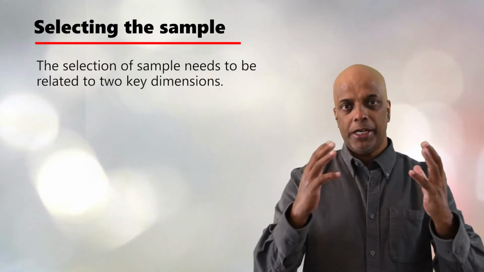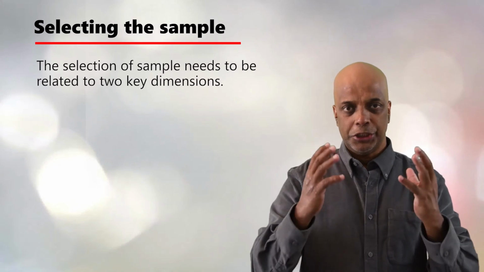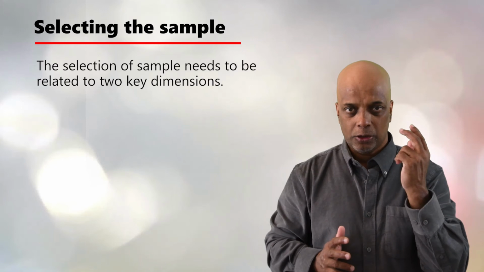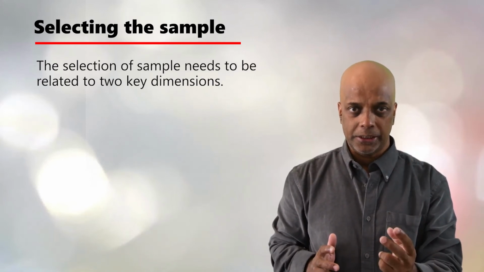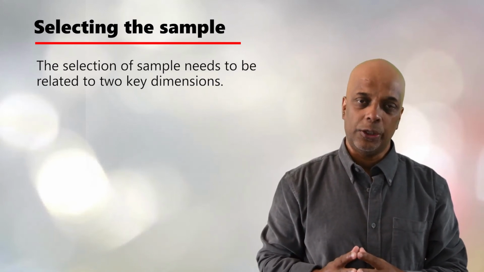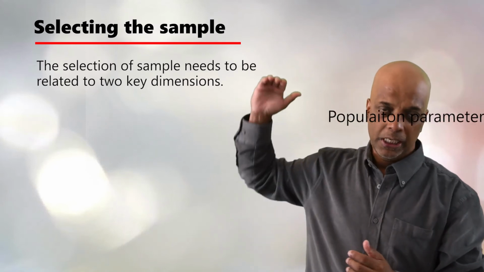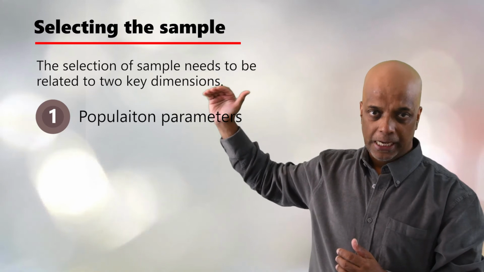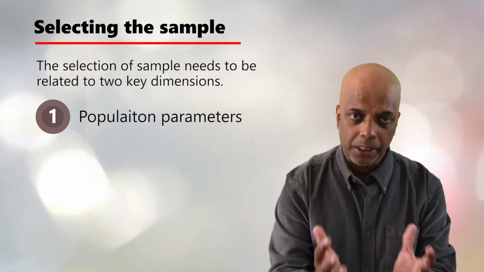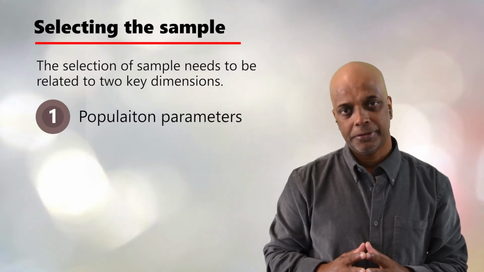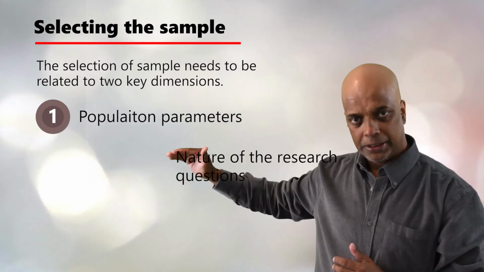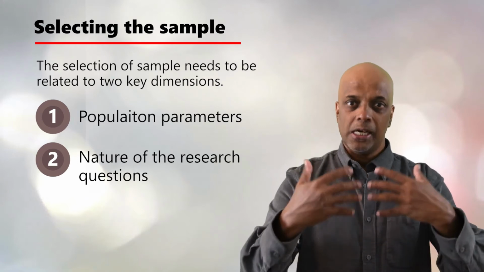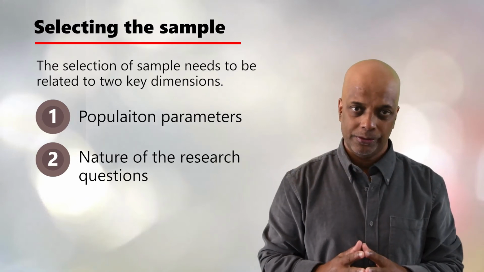Now, when it comes to judging the appropriateness of a sample, there are two key dimensions that we have to take into account. First is the nature of the population that your sample is going to represent. Second is the nature of the research questions that your sample is going to provide answers for.